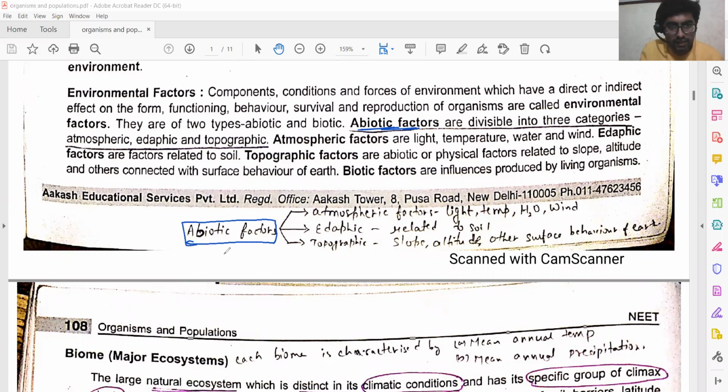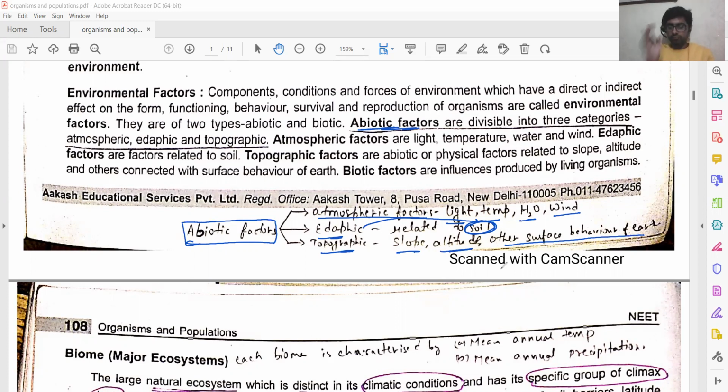First is atmospheric factor, that is light, temperature, water, and wind. Edaphic factors are the factors which are related to soil. All the factors related to soil are called edaphic factors. And the third one is topographic. Topographic means the upper surface, or you may say the surface of the earth, may it be slope or an altitude. Altitude means at height, or other surface behavior of earth.